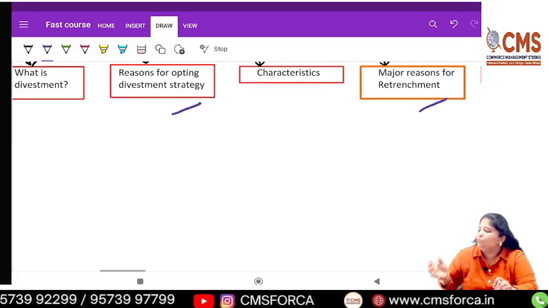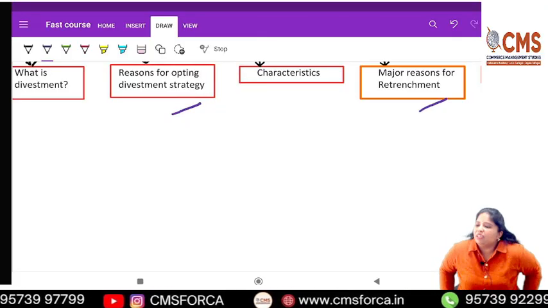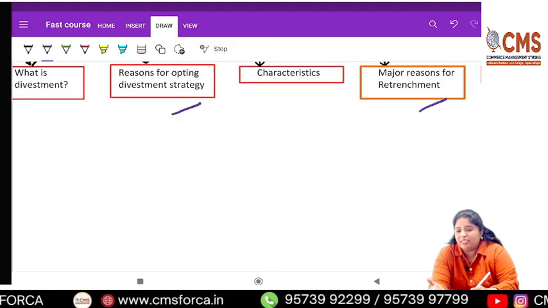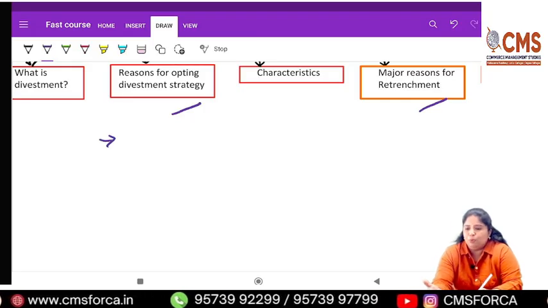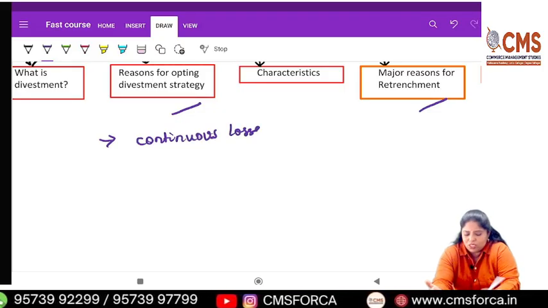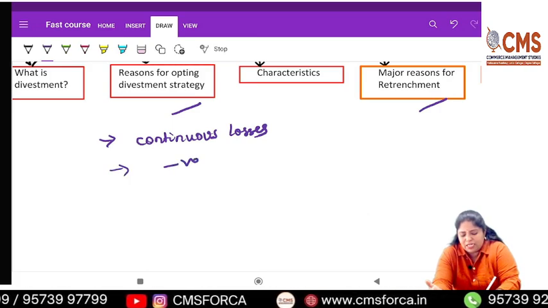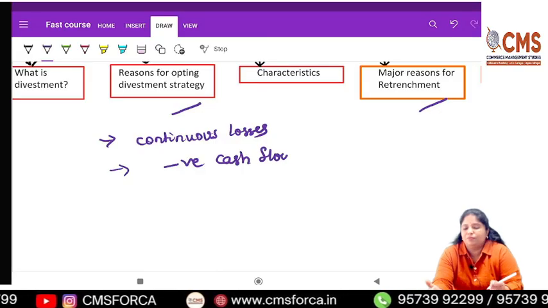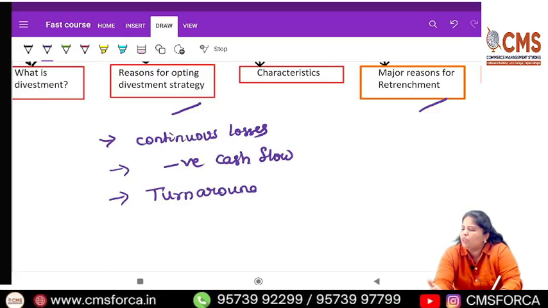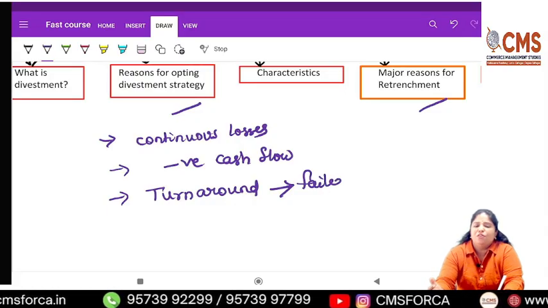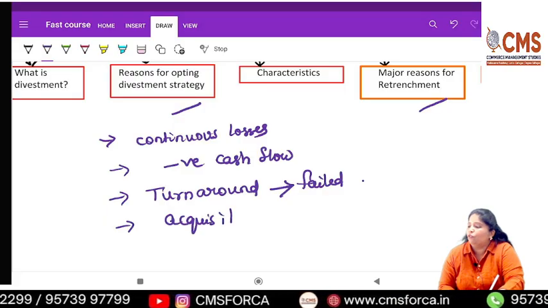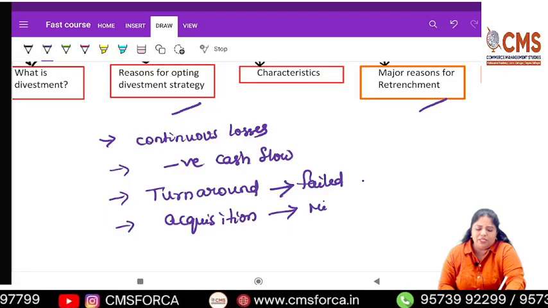So let's put down the reasons to opt for a divestment strategy. When can an organization think of a divestment strategy? When the organization is taking continuous losses and has continuous negative cash flow, and moreover they have made every attempt at turnaround and all their turnaround attempts have failed, and whatever acquisition or merger they have gone for happens to be a mismatch.